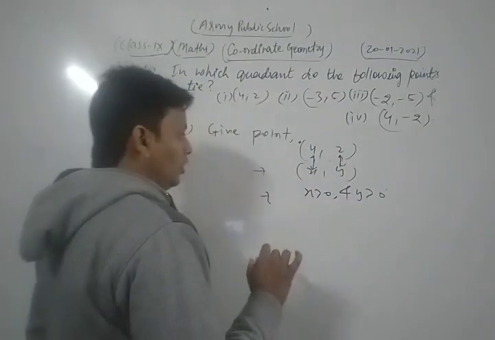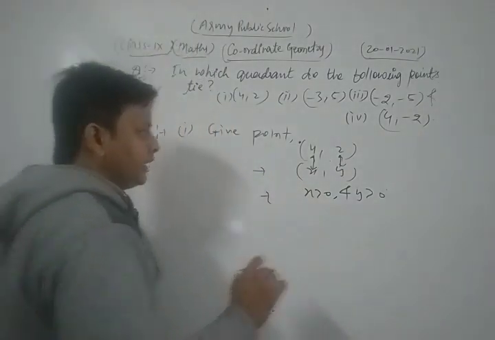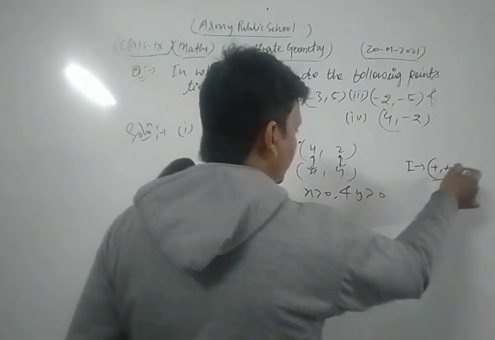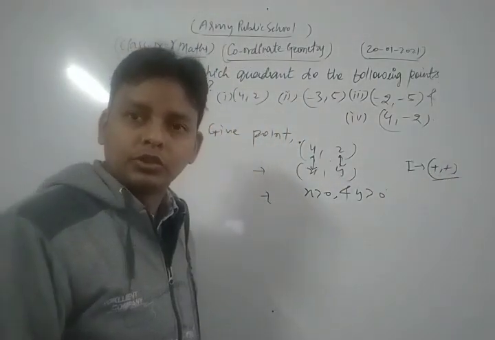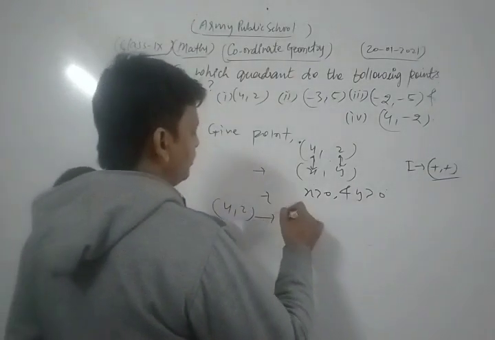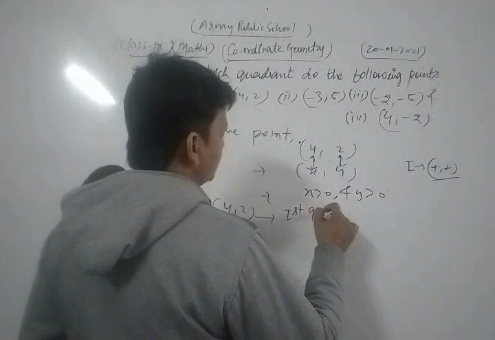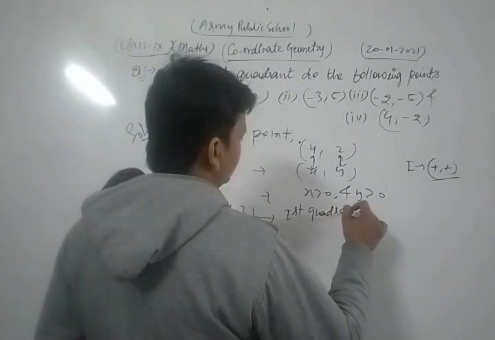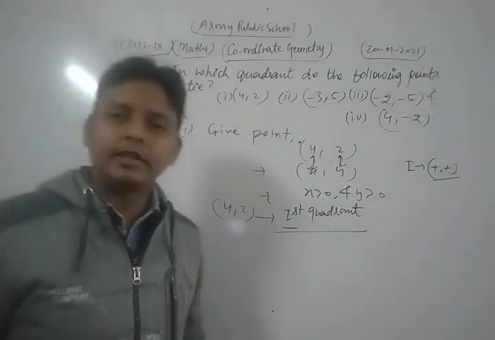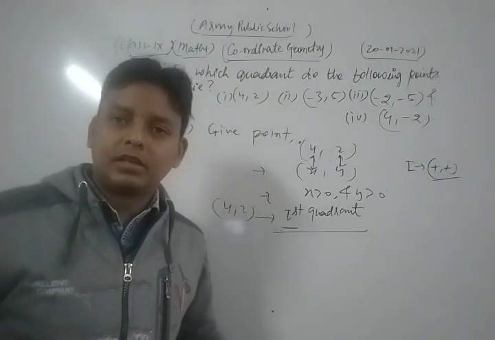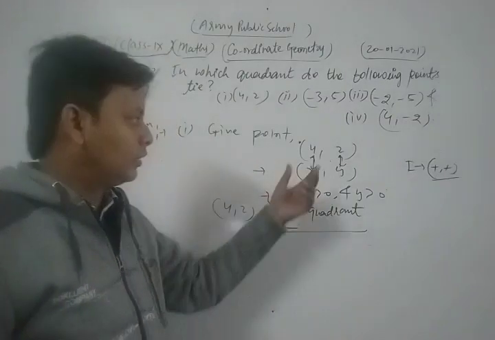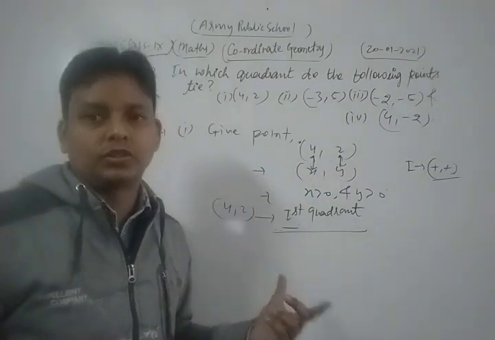You know that in the first quadrant both the abscissa and ordinate are positive. So the point (4, 2) lies in which quadrant? The first quadrant, because in the first quadrant both the abscissa and ordinate are positive.